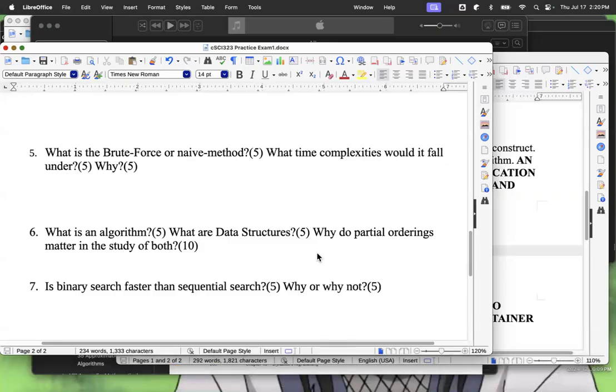So that answers this part right here. What is brute force, a naive method? What time complexities would it fall under? Why? So if it's something like a linear list, then it's going to be n, right? Because we've got to do everything. But if it's not that, if it's like some sort of combination or some sort of configuration, then it's going to be like 2 to the n or n factorial.